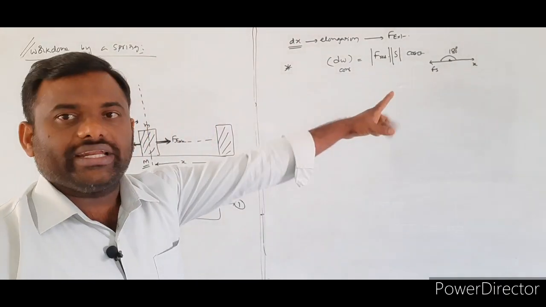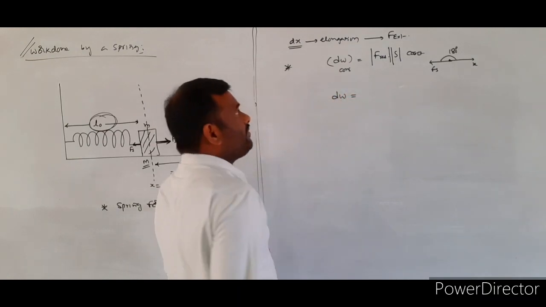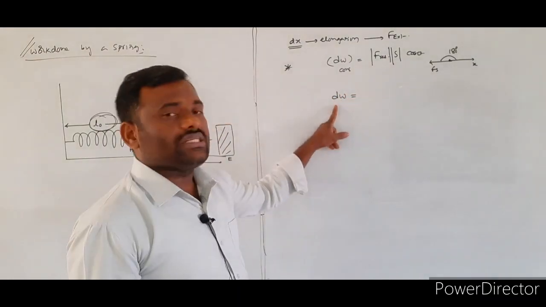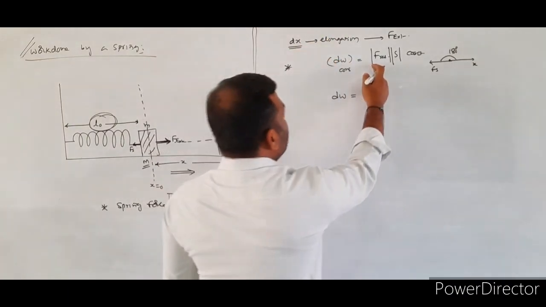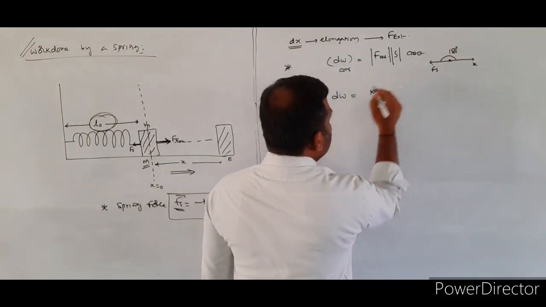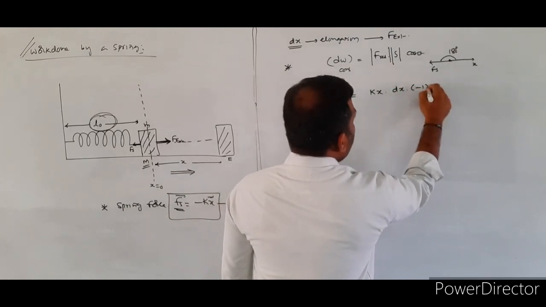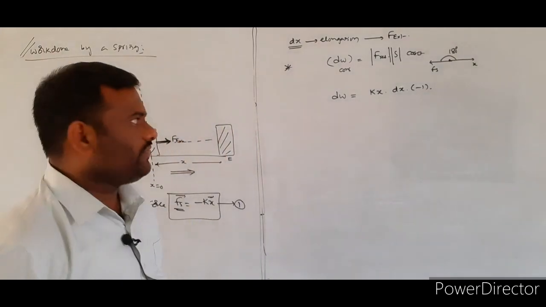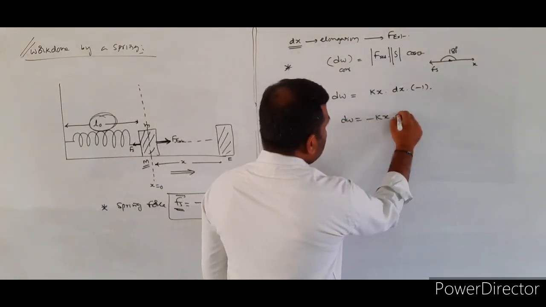That angle is 180 degrees. Now, the work done by the conservative force for a small displacement is dW. So the conservative force magnitude is kx and the displacement is dx, cos 180 is minus 1. Therefore, dW is equal to minus kx into dx.